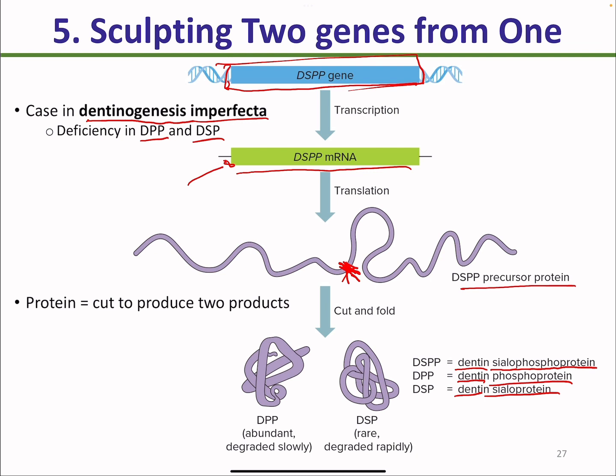Under normal conditions, you're going to have the structure of the tooth where the DPP and the DSP play a role. In the absence of these, the tooth is very soft and actually breaks apart.